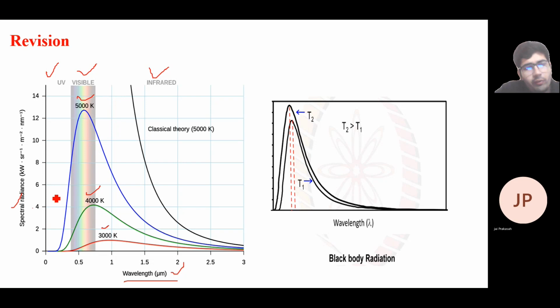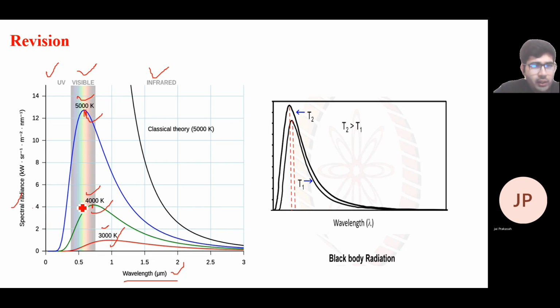And you can observe the temperature is increasing, this is 5000 Kelvin, this is 4000, and this is 3000. Okay, so you can see the peak wavelength. For 5000 Kelvin, the peak wavelength lies in the visible zone. For 4000 Kelvin, the peak wavelength again lies in the visible zone, but slightly to the right of the previous higher temperature.